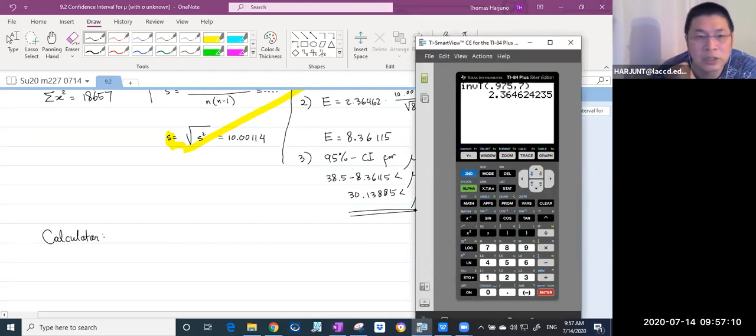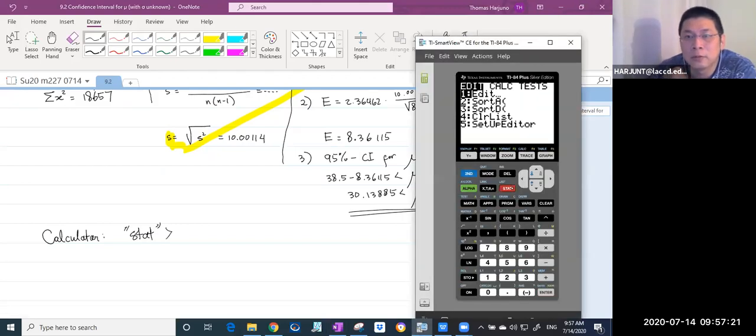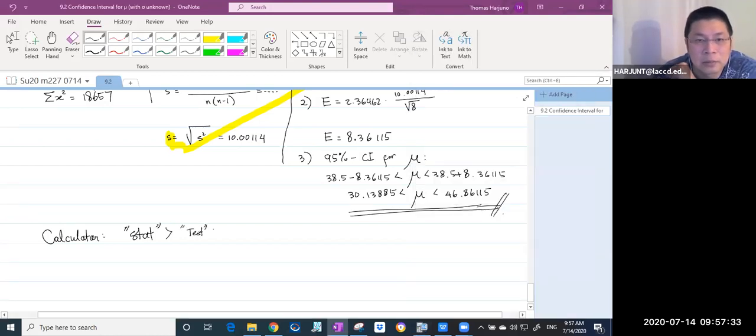You will go to stat. Then from stat you go to test. Go to T interval.